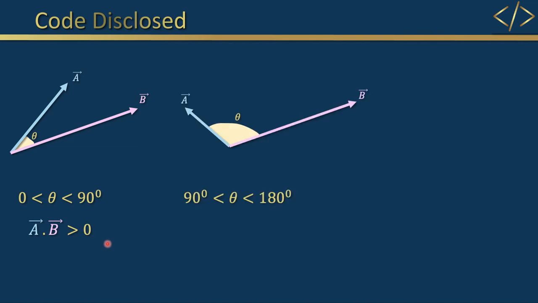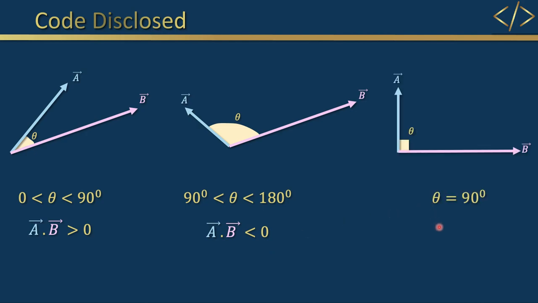Always. Now, if theta is an obtuse angle, which means that it lies between 90 and 180, then the dot product between these two vectors is always a negative value. However, if these two vectors are perpendicular to each other, which means that the angle is 90, then the dot product is always 0.